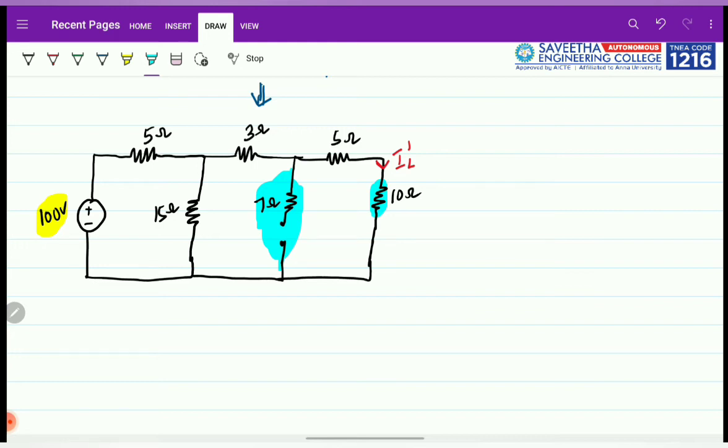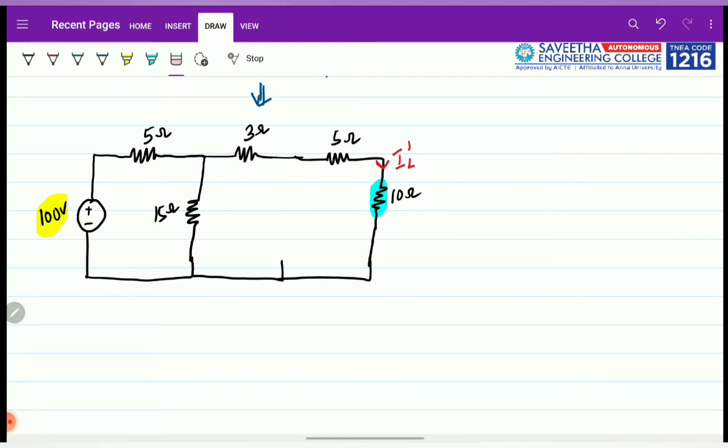Even when we are finding the equivalent resistance, we will not be able to consider the 7 ohm resistance, because it is just open circuited. So it is better to forget about this 7 ohm resistance.